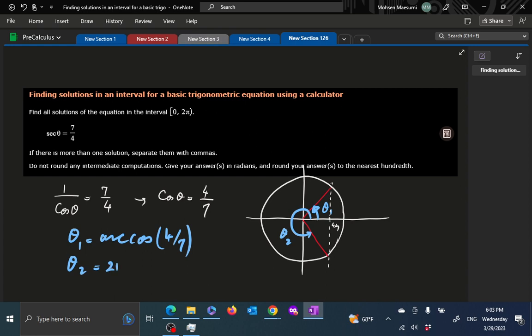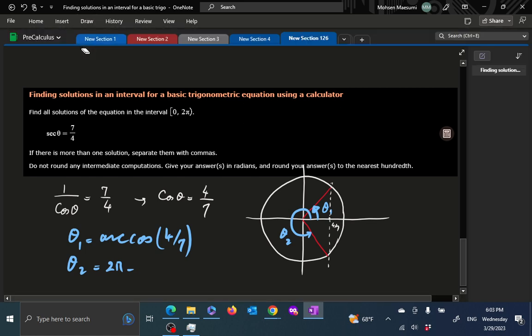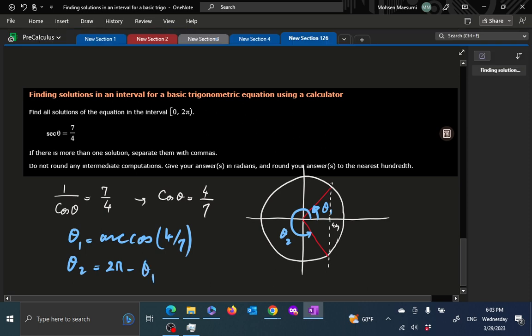It's 2 pi minus arc cosine of 4/7, and that would be your second solution.